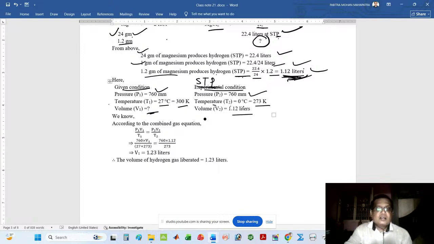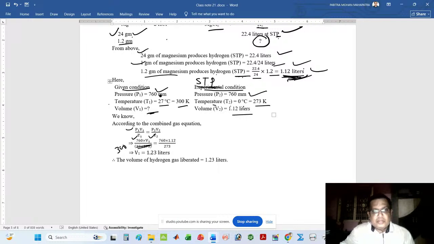Now apply the combined gas equation, that is P1 V1 divided by T1 is equal to P2 V2 by T2. Put the value of P1. P1 means 760. V1 is our target. T1 is 300. Next, P2 is 760.